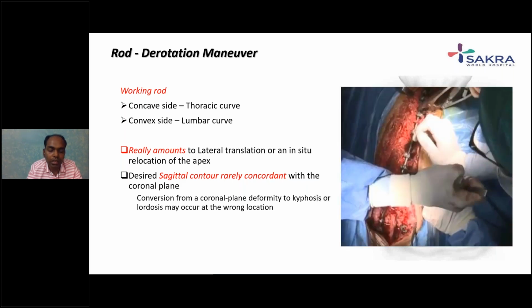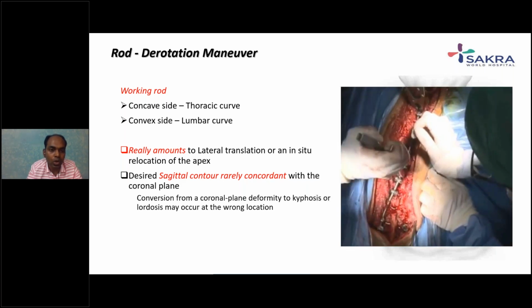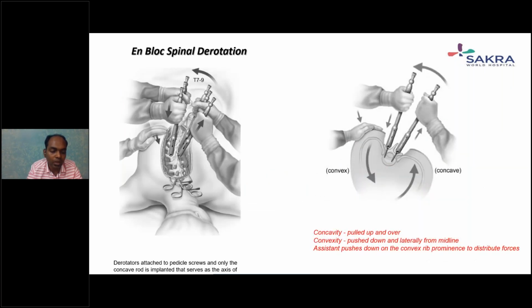The next technique is the en bloc derotation technique, where the vertebrae are manipulated and derotated with the concave rod as the axis of derotation. This point you have to understand. Here, the vertebra is rotated; in the previous one, the rod is derotated.